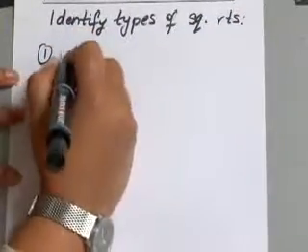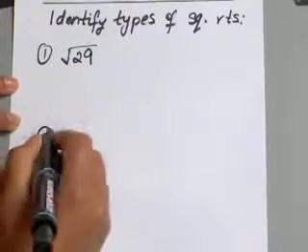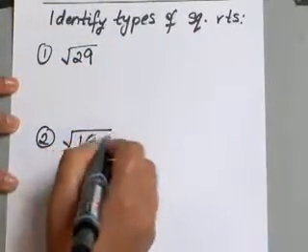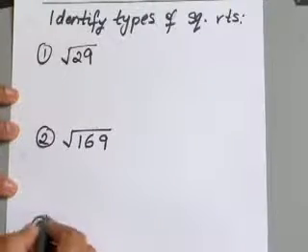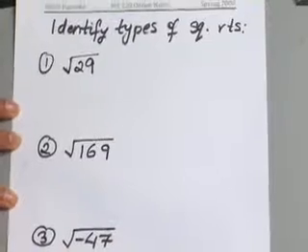Right, so let's look at square root of 29. Let's look at square root of 169. And we'll look at square root of negative 47.